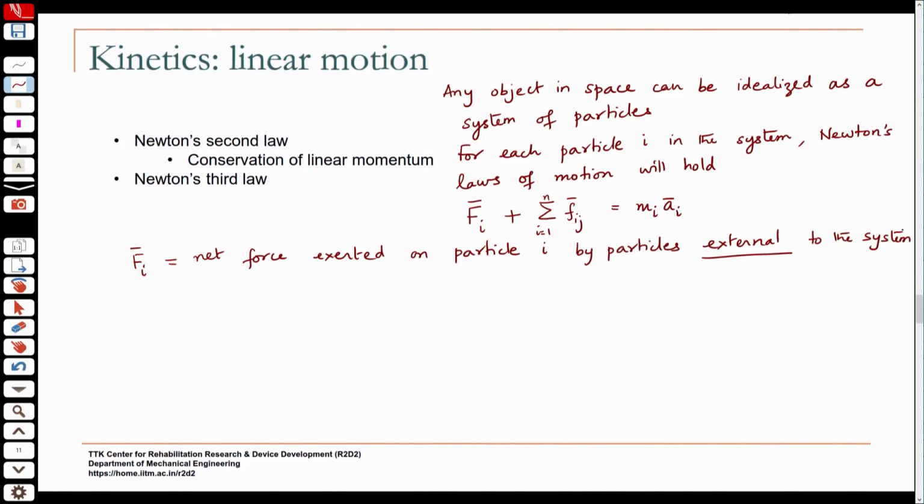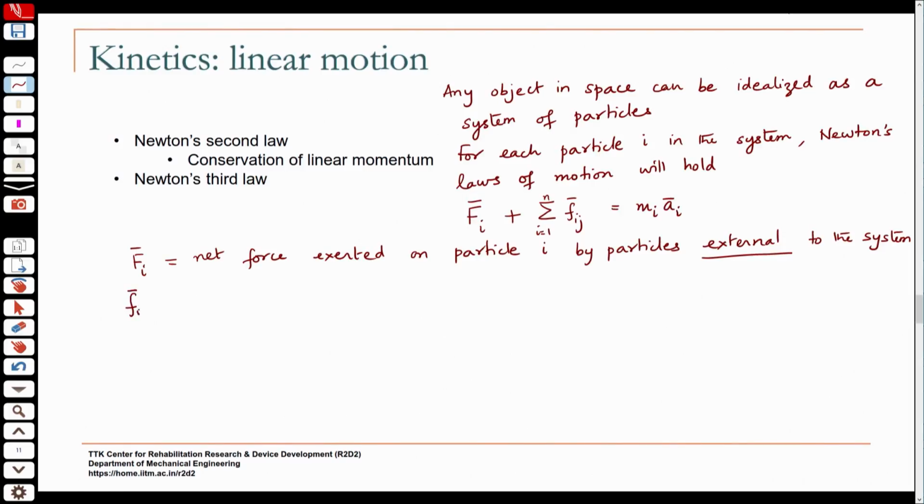So, these could be contact forces, gravitational forces, etc., but these are forces that are external to the system. That is the net force exerted on particle I because of external reasons.